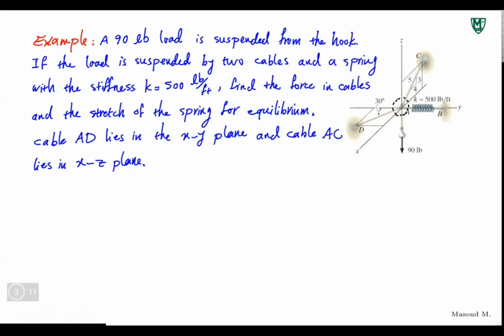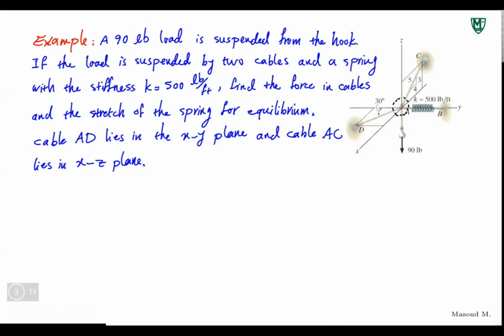Here I know the force pulling that hook is 90 pounds, so I'm going to draw a free body diagram for point A, using the information I'm given.